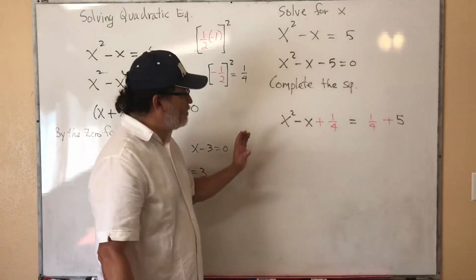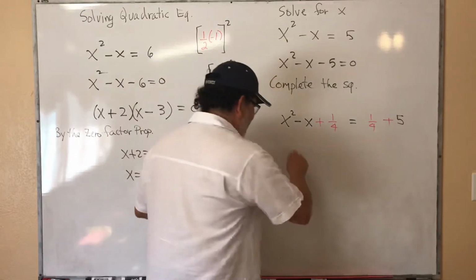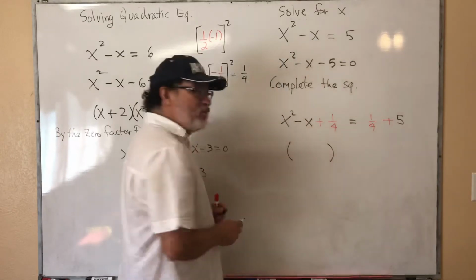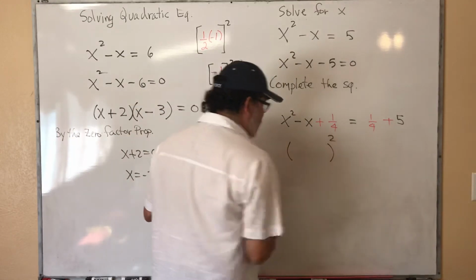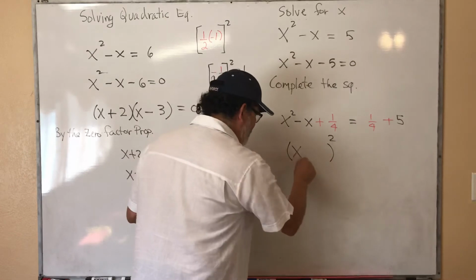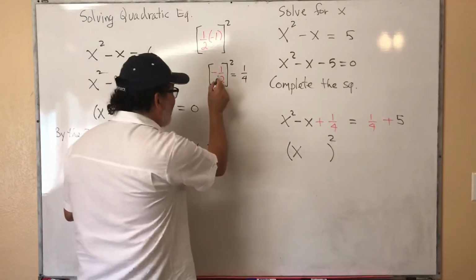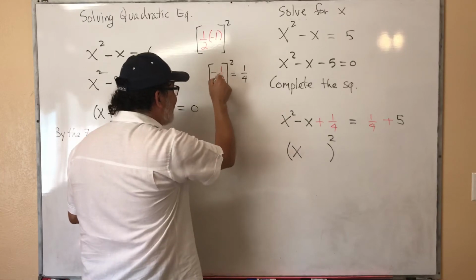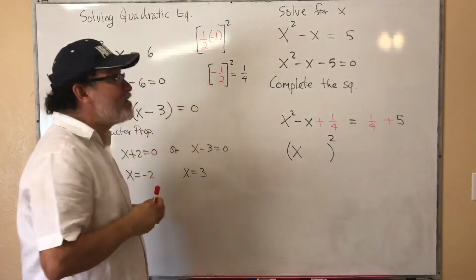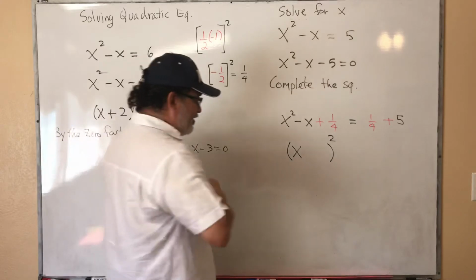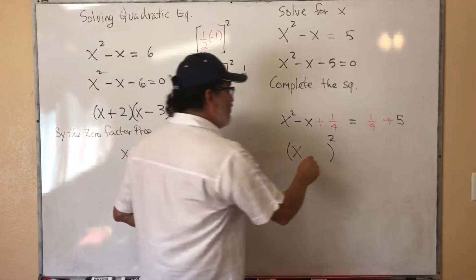Oh. This is going to be a binomial to the second power. Here write x. And here always write this inside value. Whatever that is. What is it? Minus.